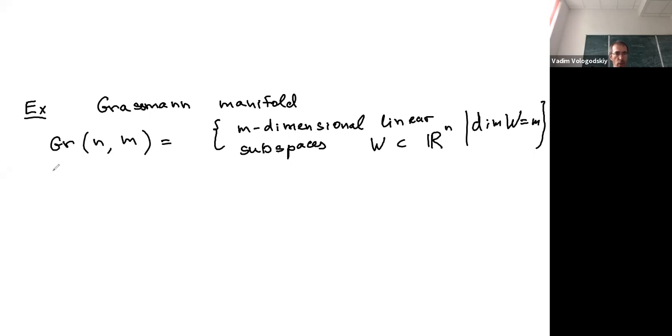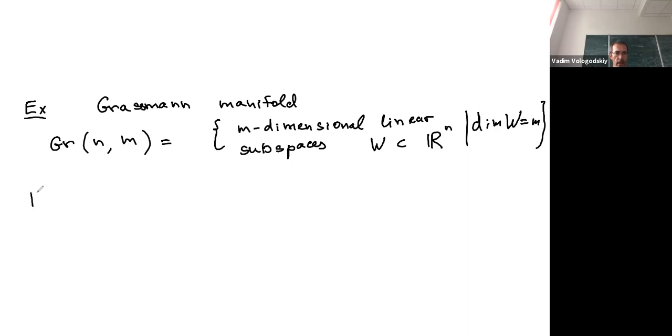I will give you a collection of subsets of the Grassmannian, a collection of charts with smooth transition maps, and I define the topology on the Grassmannian using these charts. So, let's construct charts.